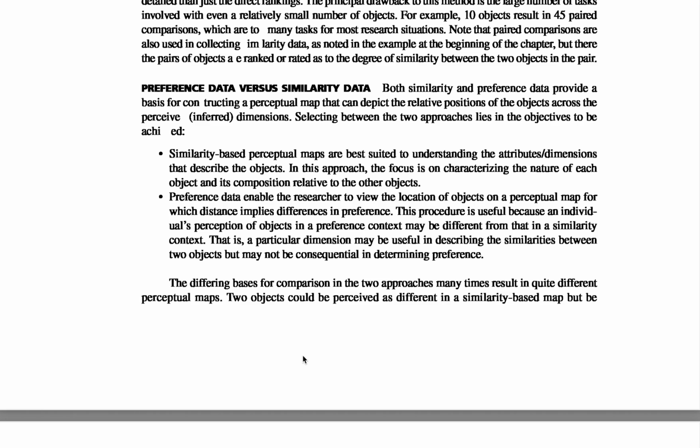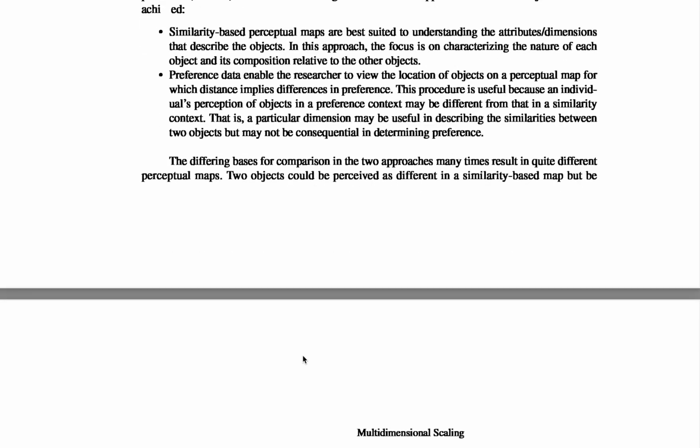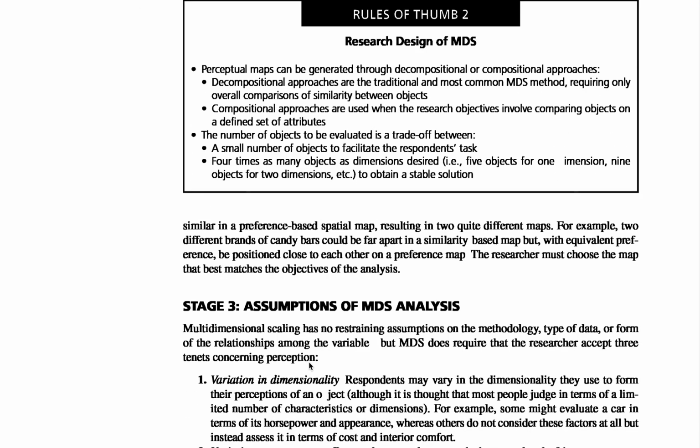The different bases for comparison in the two approaches many times result in quite different perceptual maps. Two objects could be perceived as different on the similarities-based map but be similar on the preference-based map, resulting in two quite different maps.